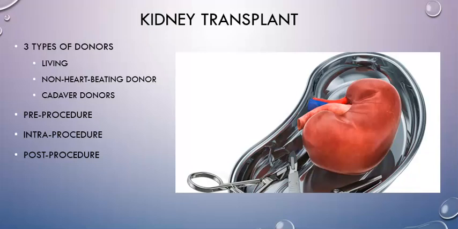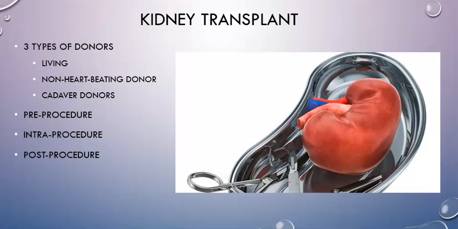Post-procedural, do labs assessment. You're going to check the blood chemistry, CBC, urine culture, blood typing, bleeding times. Pre-op meds are ordered. They will always get a prophylactic antibiotic, an immunosuppressive agent, which is like a steroid to help prevent inflammation and that rejection.